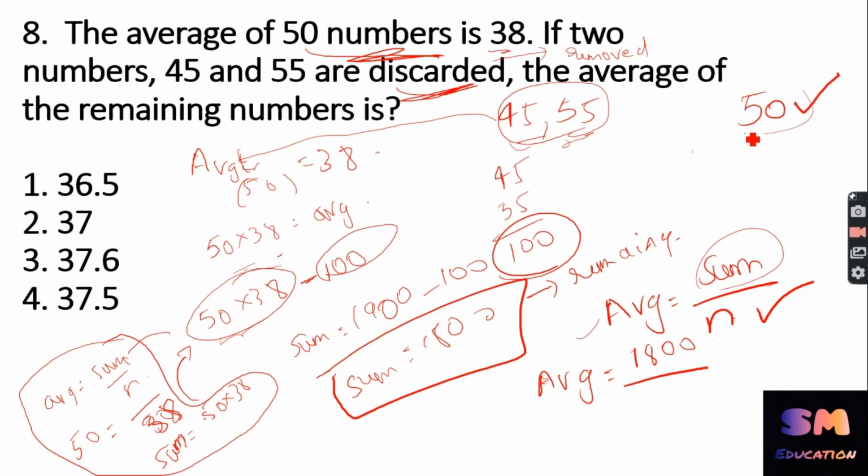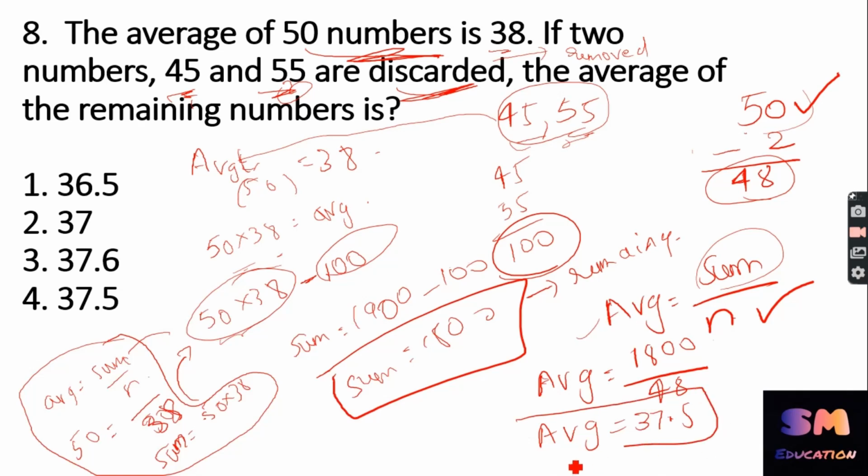Among these, two observations are deleted, so we get 48 as the number of observations. By calculating this, we get the average as 37.5. So option 4 is the answer, 37.5.